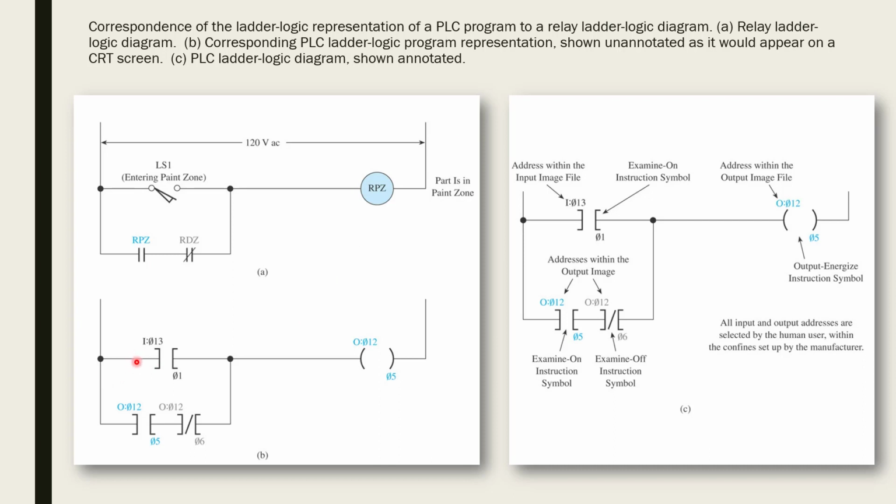These I's represent inputs and they look like contacts, and O's represent outputs and they represent the coils. So you can see the similarities between the two as far as schematics, and you can see the identical function being carried out in both relay logic and PLC logic.